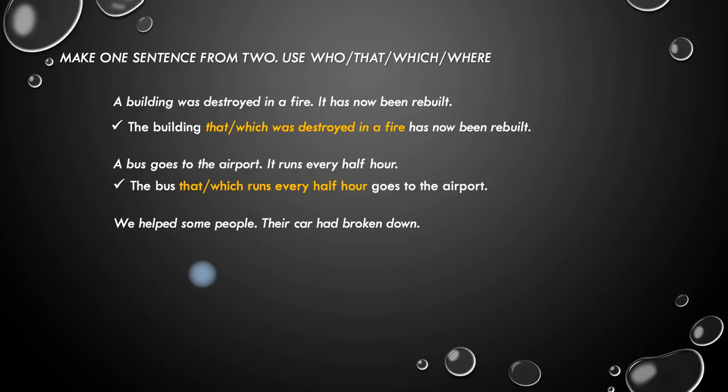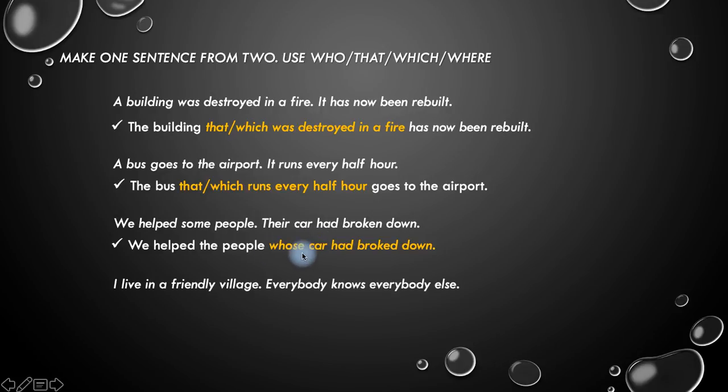We helped some people. Their car had broken down. Now, what do you think? Which relative pronoun do we need here? We helped the people whose car had broken down. Whose, because that's a possession, right? That's why we use whose here. One more sentence. I live in a friendly village. Everybody knows everybody else.